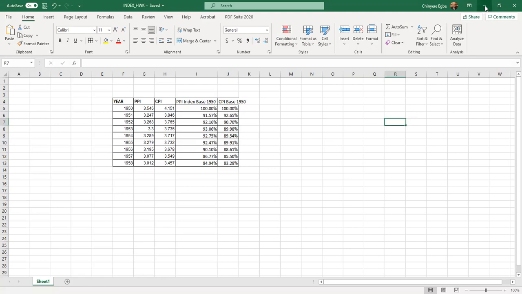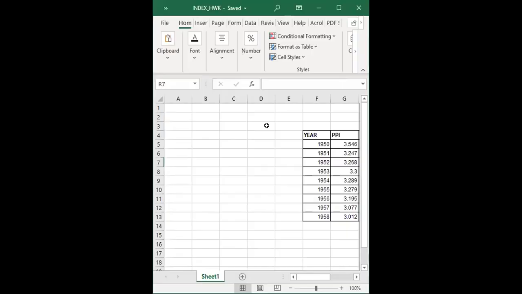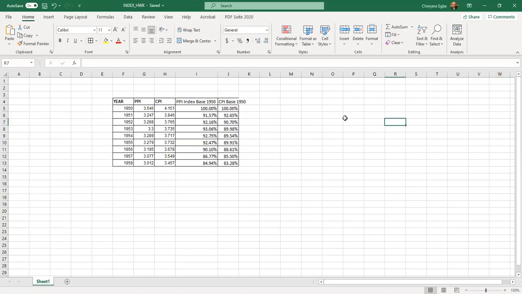So that is how we do a simple index. And so the assignment that we have is a simple index. Okay. So do you have any questions?